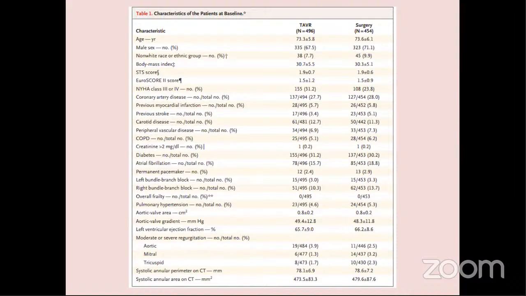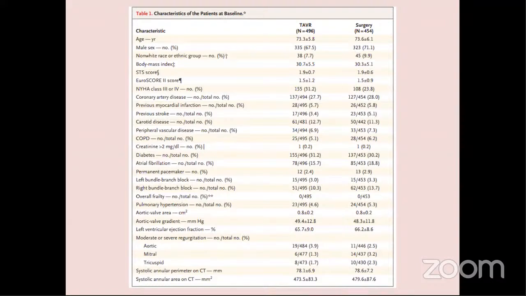Why did they choose more males? Females, I don't know, they consider it a risk. Females usually have very poor femoral access. Vascular access. Yeah. Exactly.